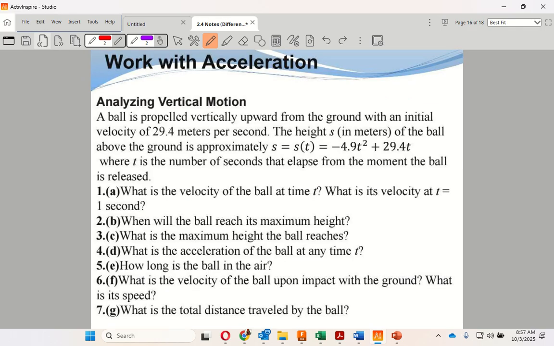Total distance traveled by the ball. Which function do I want for finding the total distance? Position, right? My s of t. So I'm going to plug in s of 6, and that's going to give me my distance traveled.